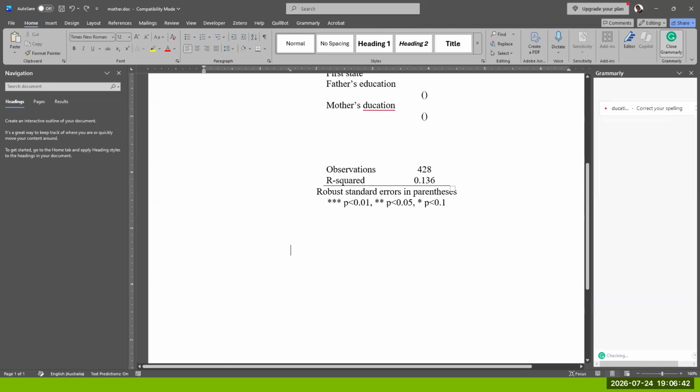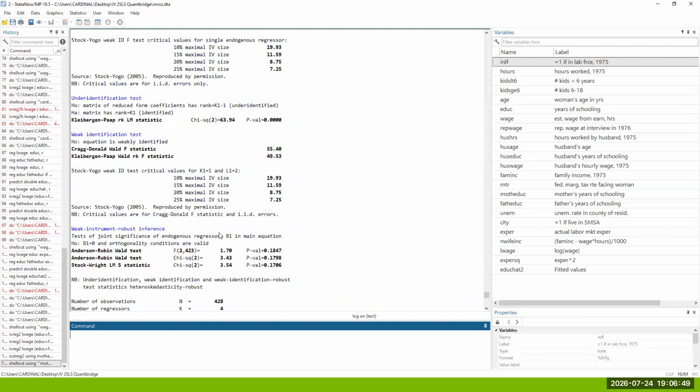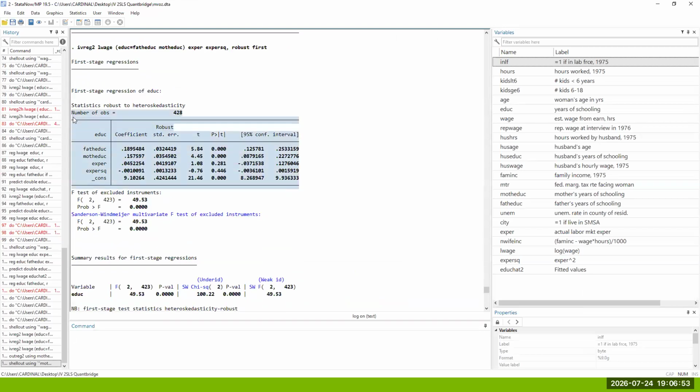Did I pick up the right thing? No. We want the first stage regression where we have the mother and the father. So this is it.